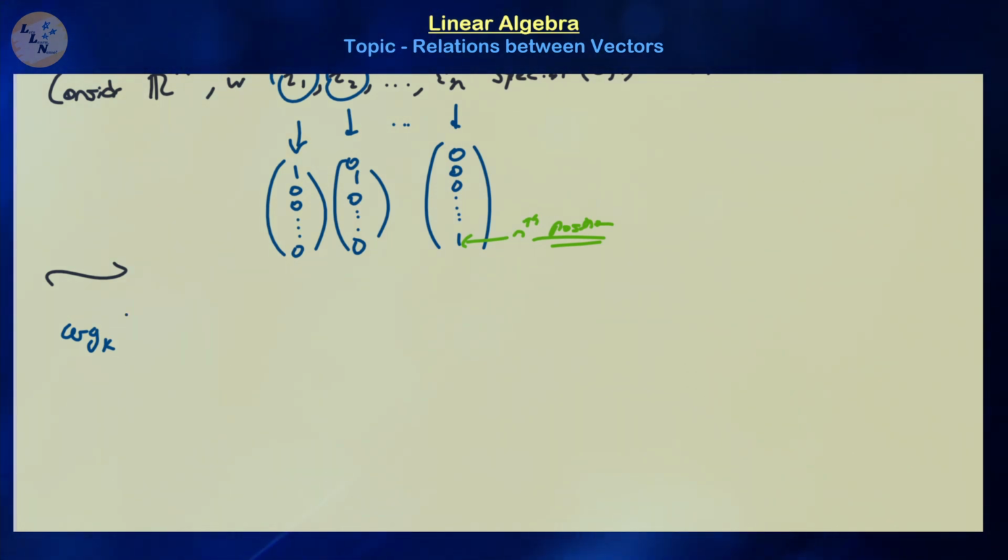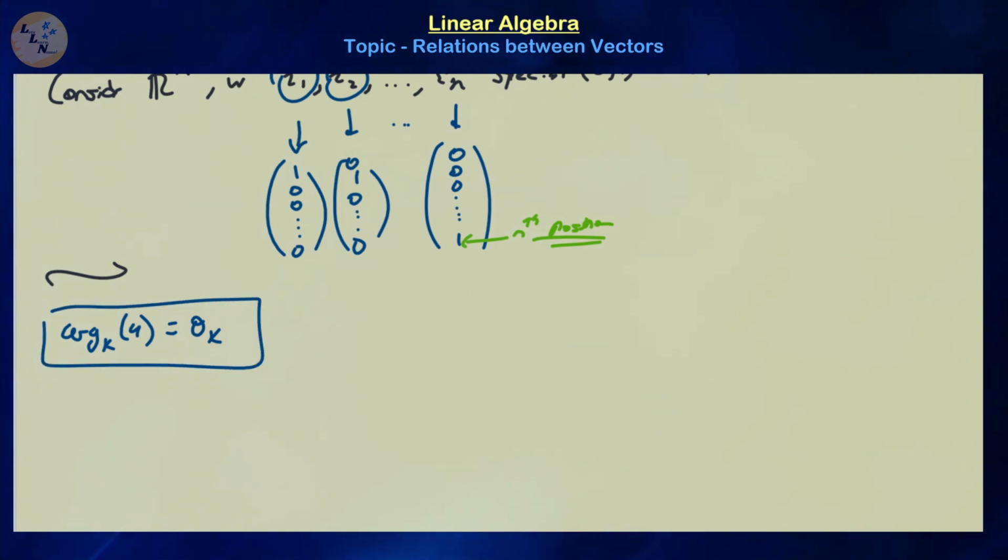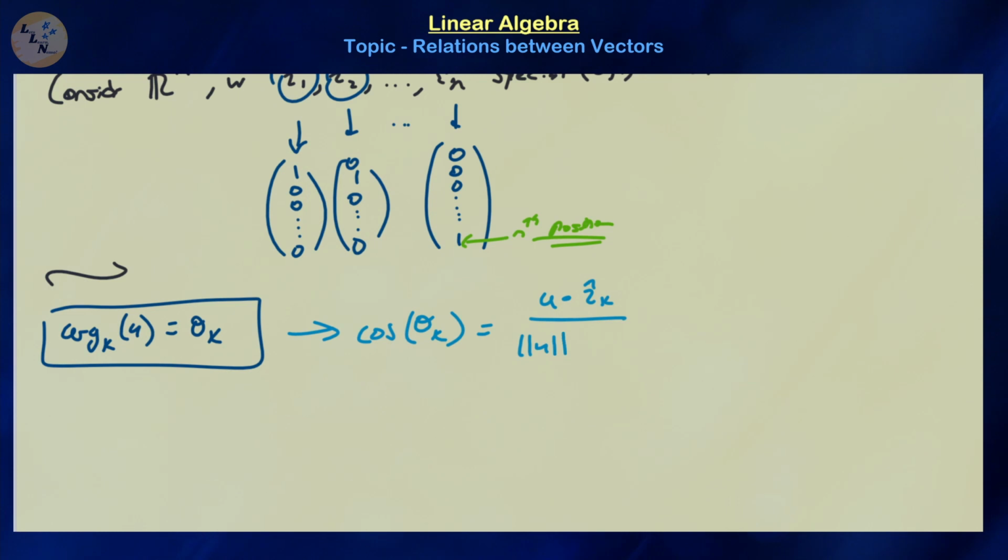Let's call this theta k, just to keep things short. So via that angle between vectors formula, the cosine of theta k is just equal to the dot product of u with vector Ik divided by the norm of u times the norm of Ik.